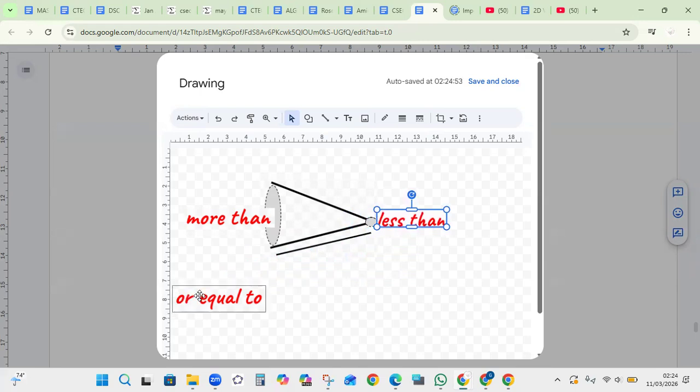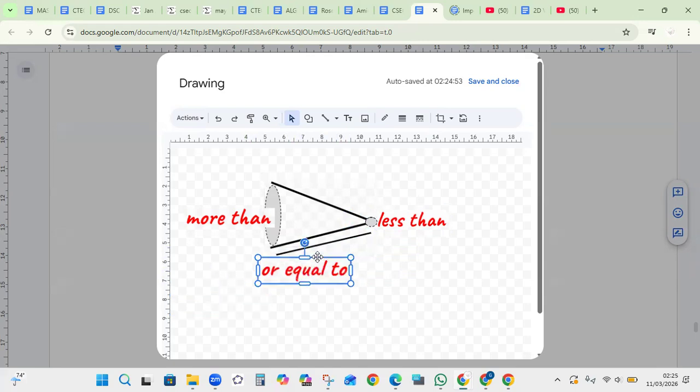And the or equal to is this extra line there, right?